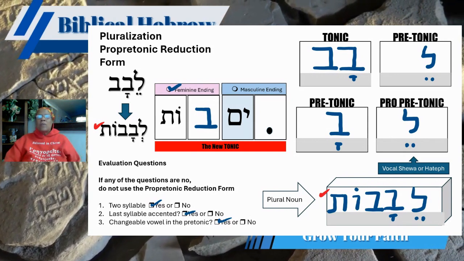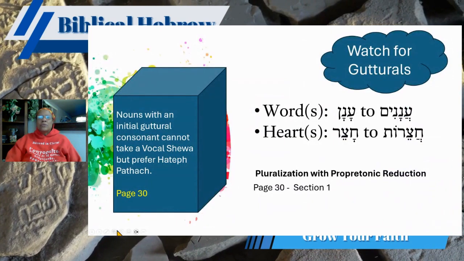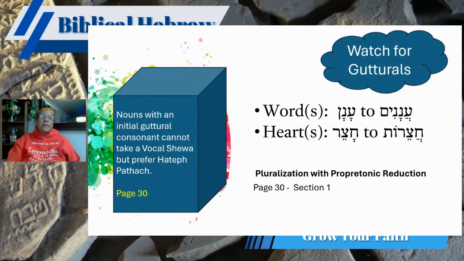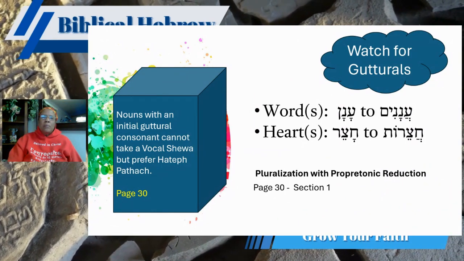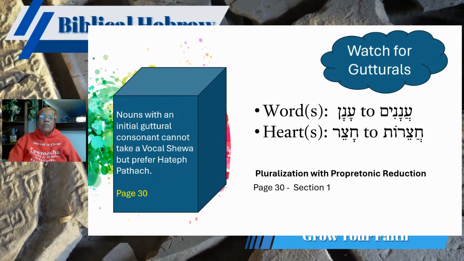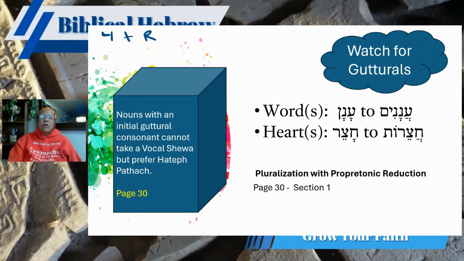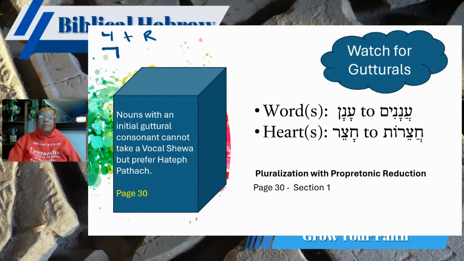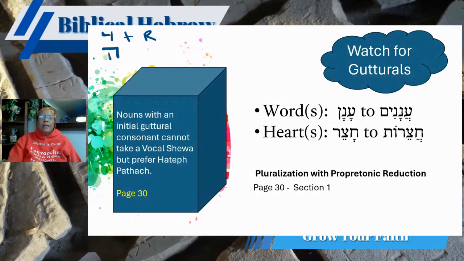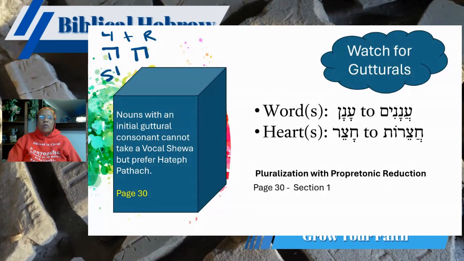All right. So in this next section, we're going to look at the gutturals. And gutturals sometimes can be a little bit intimidating, but don't let it be, because remember, we're only dealing with four gutturals plus the resh. So strong gutturals, we have the hey and the het, and these are considered strong.